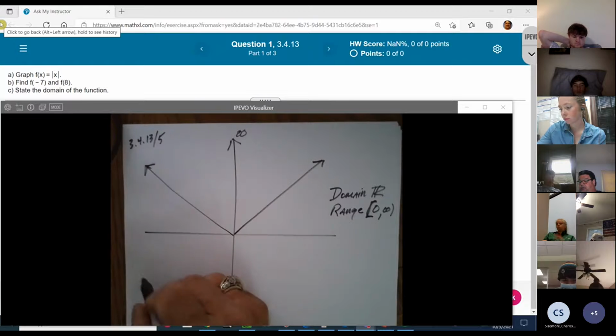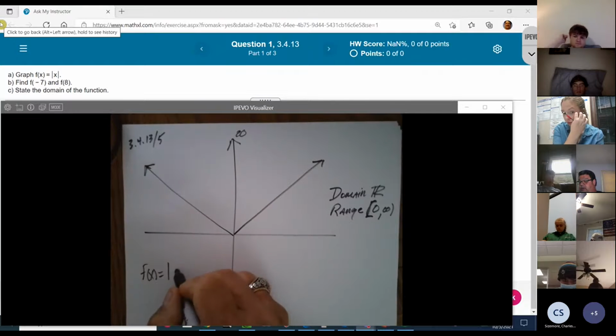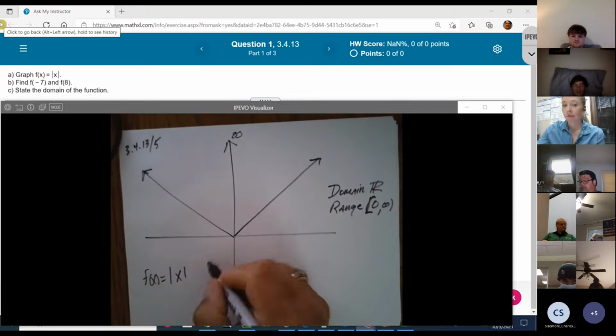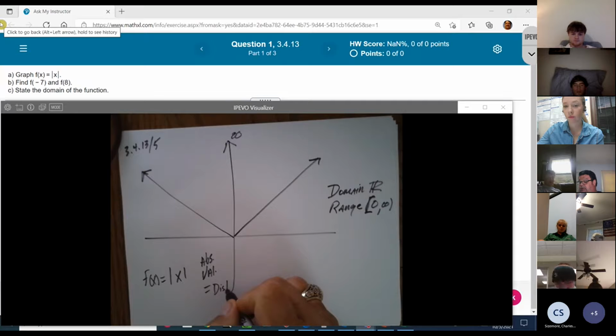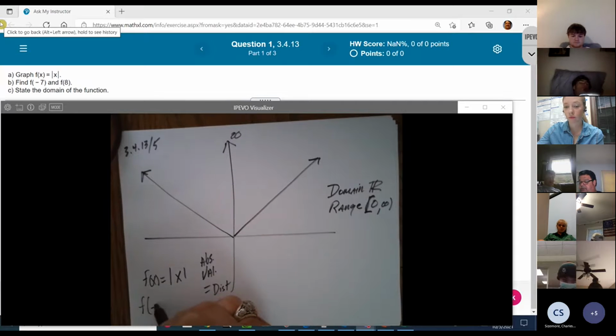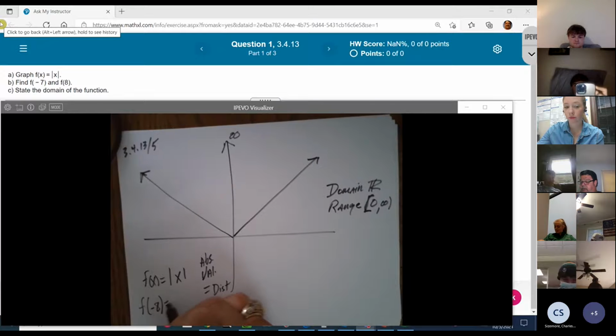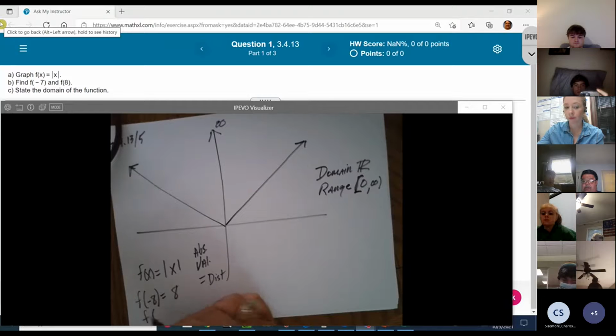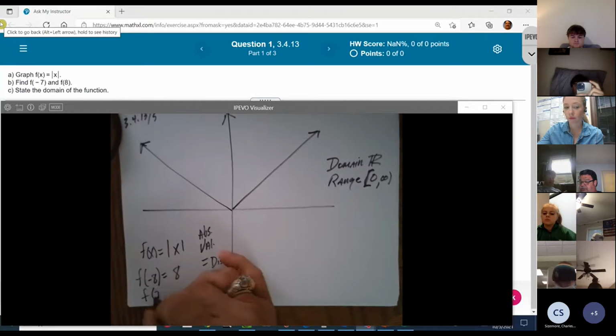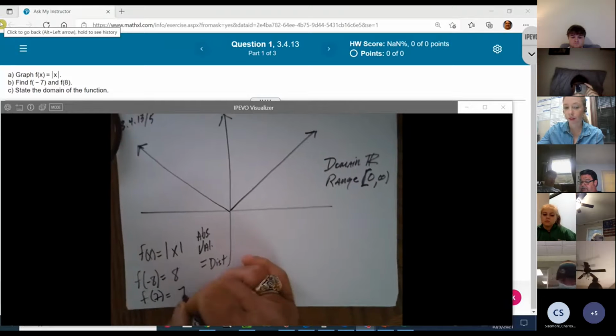And when you plug in f of x is equal to the absolute value of x, absolute value is another word for distance. Absolute value equals distance. So what is the distance from -8 to 0? 8. And what is the distance from 7 to 0? 7.